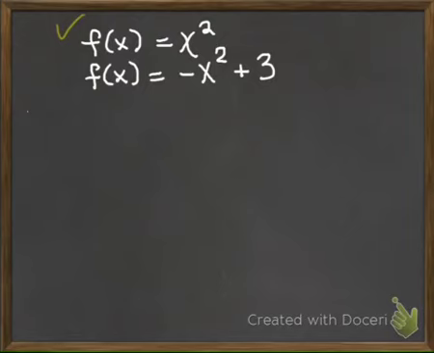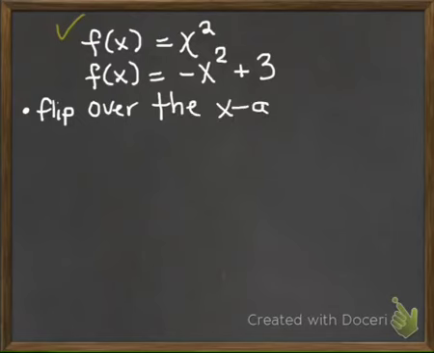Well, not a vertical flip, but just a flip over the x-axis. So we took care of this negative out here because it's pretty much a -1. So it's staying the same, it's just flipping.